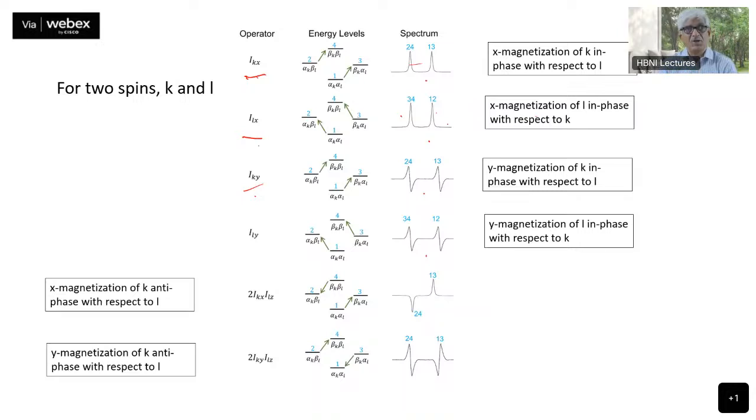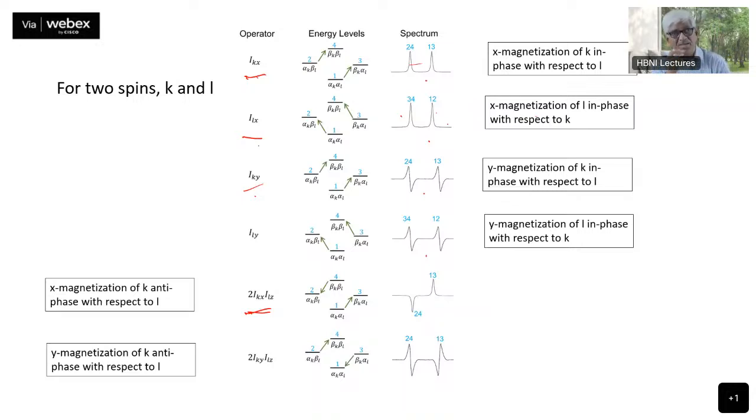Now suppose my density operator has this term, because remember the density operator is a summation of all the basis operators. Therefore, all of these can be part of your density operator, summing up and contributing to it. Suppose I have a two-spin product term, 2 IKX ILZ. What is this? This is the X magnetization because the transverse component is IKX.